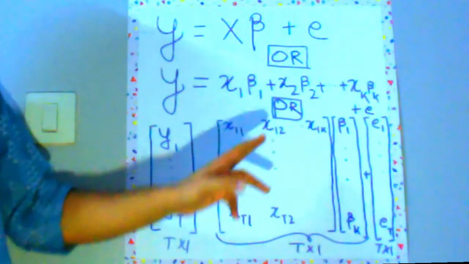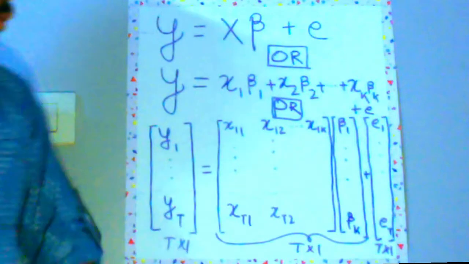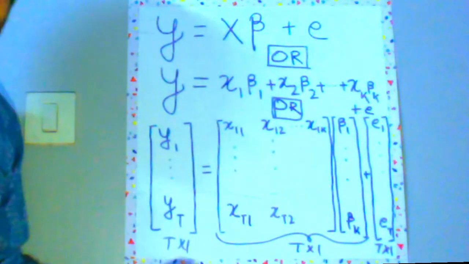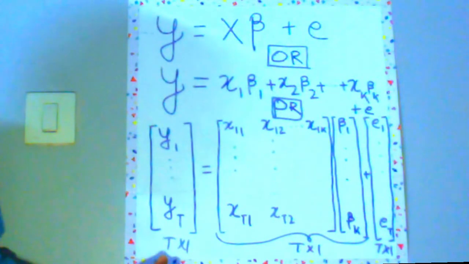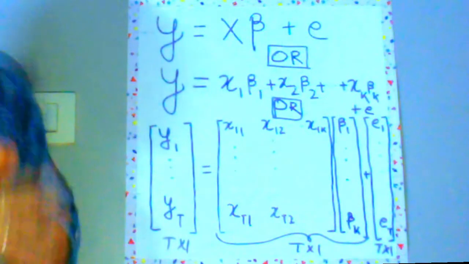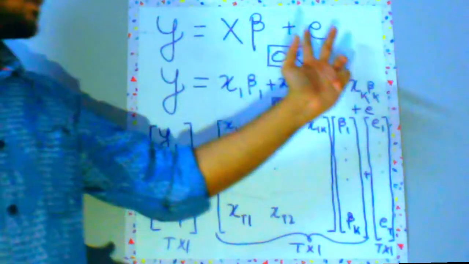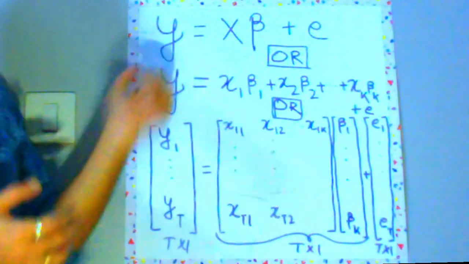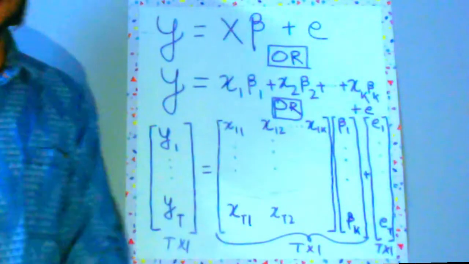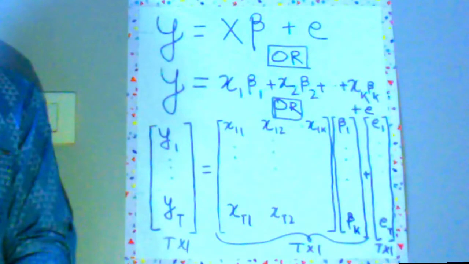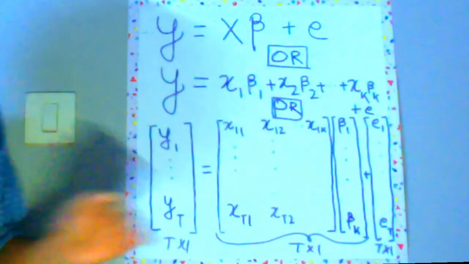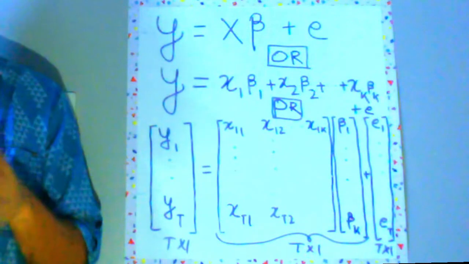So when you multiply x with beta, you have a t cross 1 matrix, and it is the same as the y vector, and that is pretty obvious in nature because y is equal to x beta plus e, so the dimension of y should be the same as x beta, and e already has t cross 1 dimension because e will be composed of t errors. This is a recap of what we have achieved in the previous lecture.